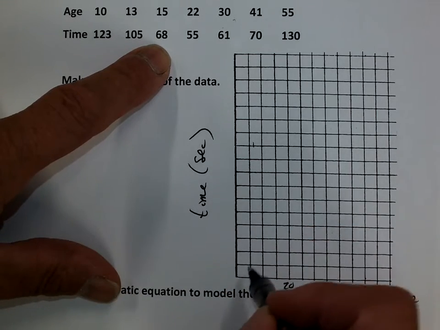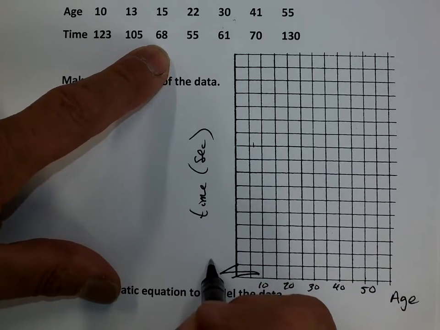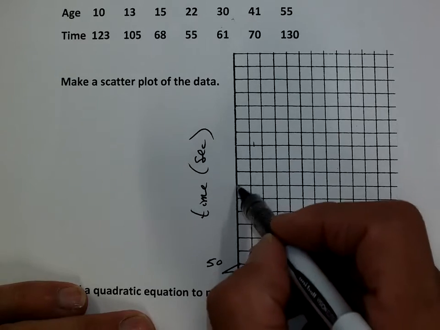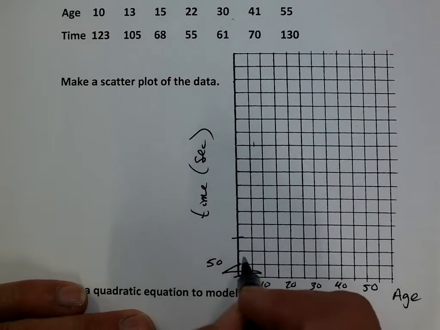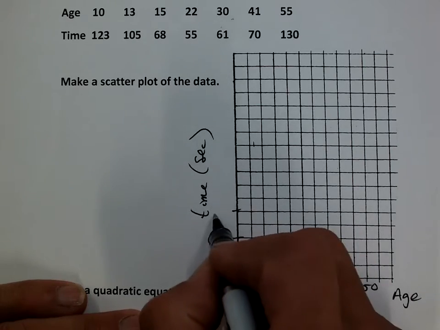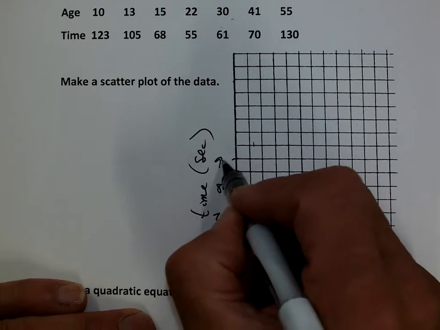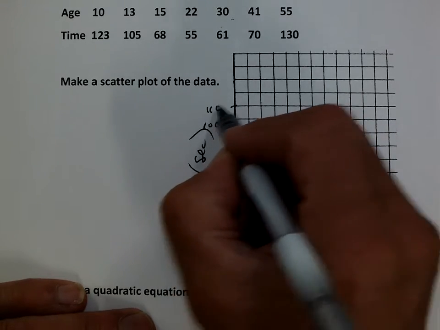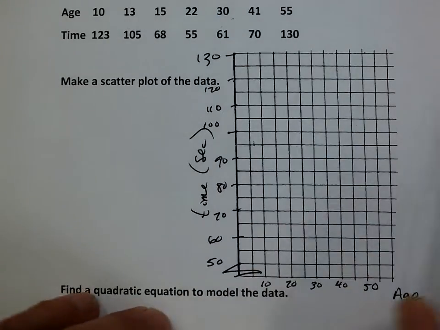I like to squish it down. So if I start at 50, then I go 60, 70, 80, 90, 100, 110, 120, and 130. Okay, that's going to fit pretty well for me.